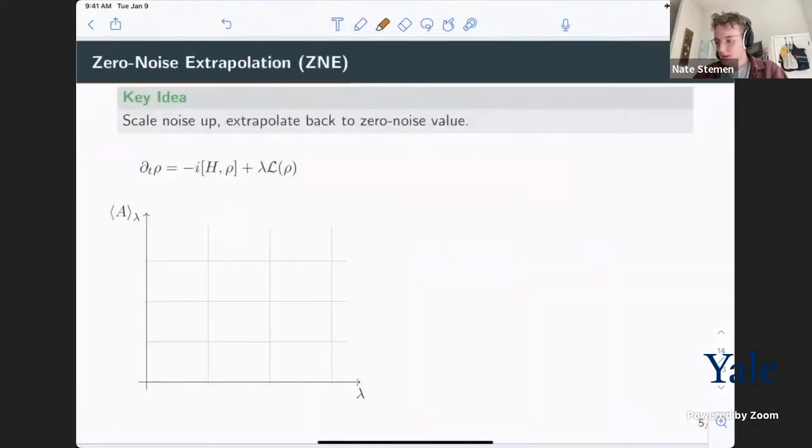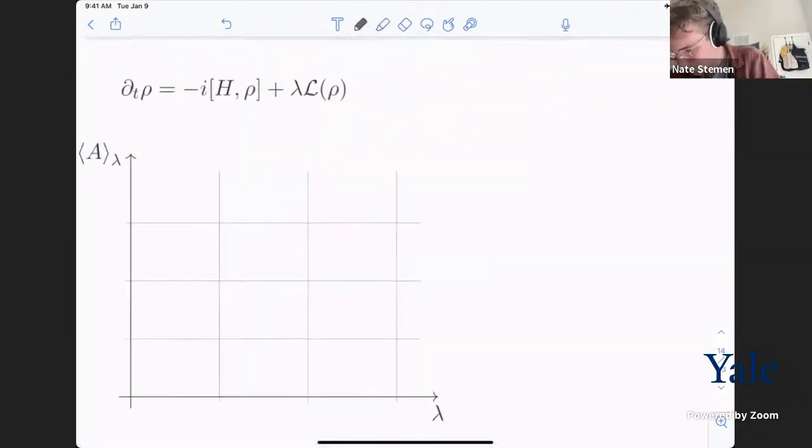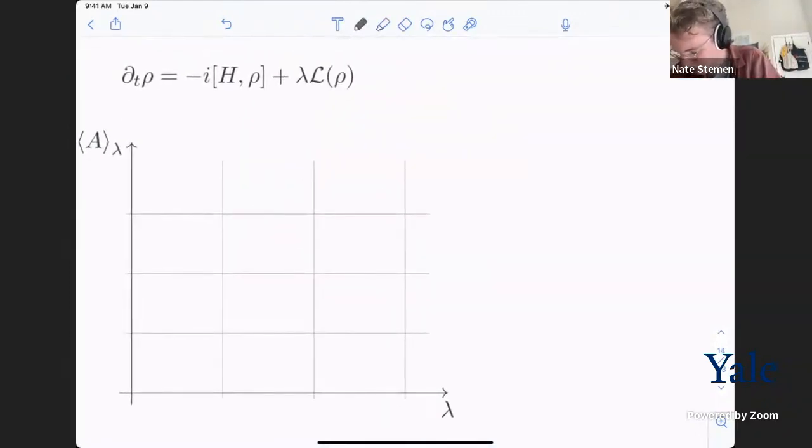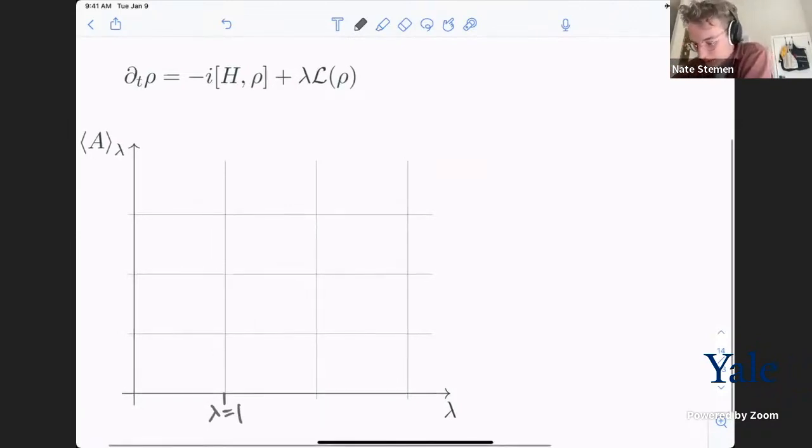So the idea here is, let me zoom in a little bit. Let's say this is lambda equals 1, and that's what happens when you run your computation on hardware, right? That's your standard. You run your circuit, you get some noisy value, you get some measured expectation value. Let's say it's somewhere around here.